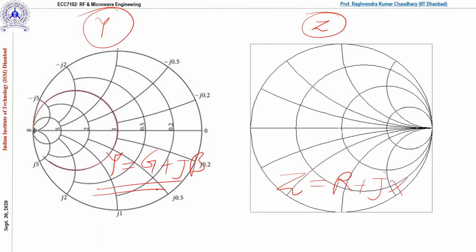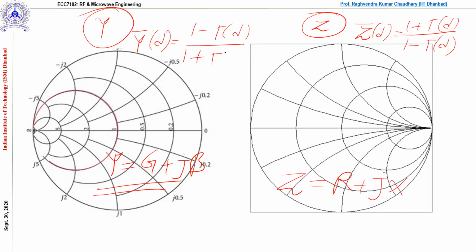Here z as a function of d is 1 plus gamma over 1 minus gamma, and here y bar of d is equal to 1 minus gamma d over 1 plus gamma d, just what we solved. Correct. So now we have two Smith charts, one for admittance and one for impedance. I already told you how you will manage these things.